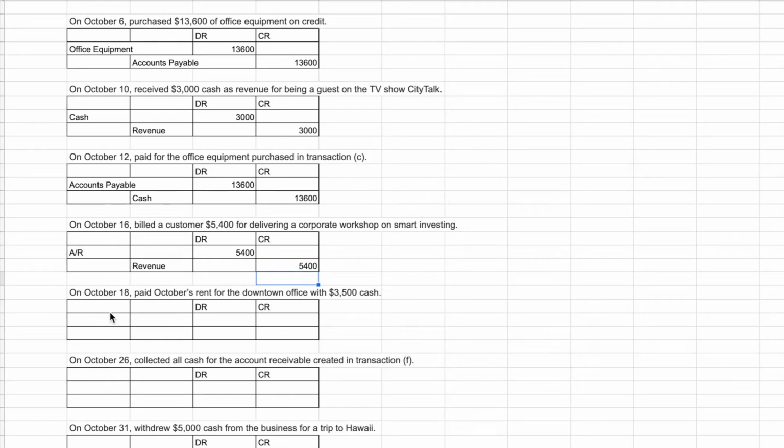On October 18th, he paid October's rent for the downtown office of $3,500 cash. So he's paying rent. That's a rent expense. And he's paying it out of cash. Now, when you incur an expense, that is a debit. So we're debiting rent expense.